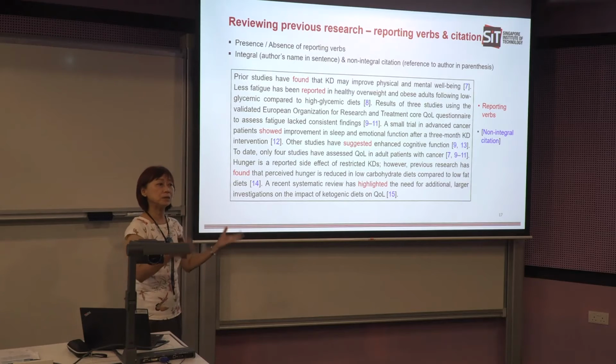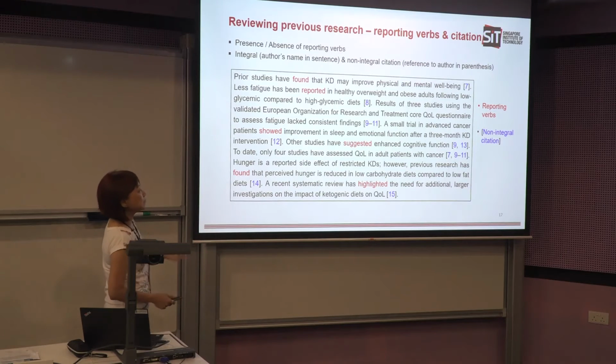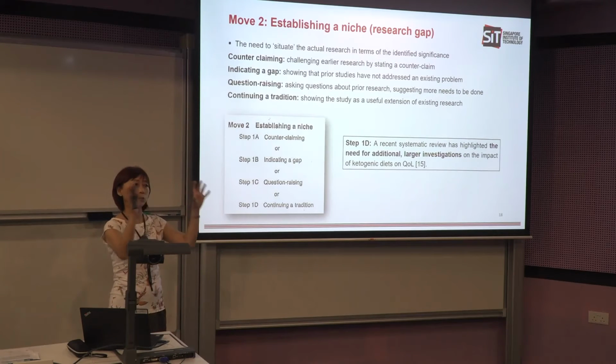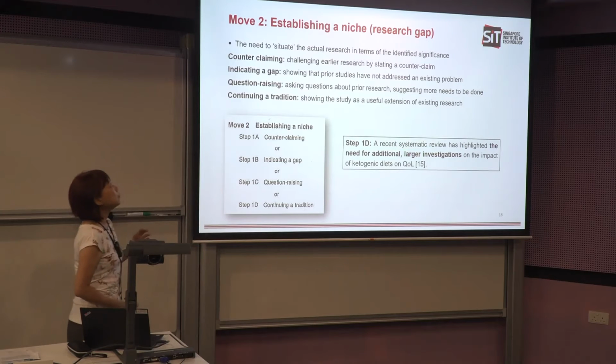So maybe they want the readers to focus on the information. What is important is the information. So this is a kind of stylistic preference, I guess. All right, so these are two things that we take note of when we are establishing the territory. Then we move on to move 2.